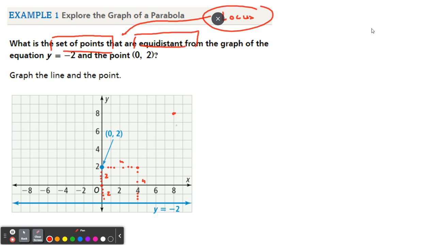Now, I know that this is 10 to that line, but now I need to find its distance, and I'll do it in purple, to this point. To do that, I'm going to create a right triangle. This horizontal distance is 8. This vertical distance on this purple triangle is 1, 2, 3, 4, 5, 6. So to find this distance, call it D, I'm going to do the square root of 8 squared plus 6 squared. That is 100, and the square root of 100 is 10. So this is also 10, and that point is also equidistant.